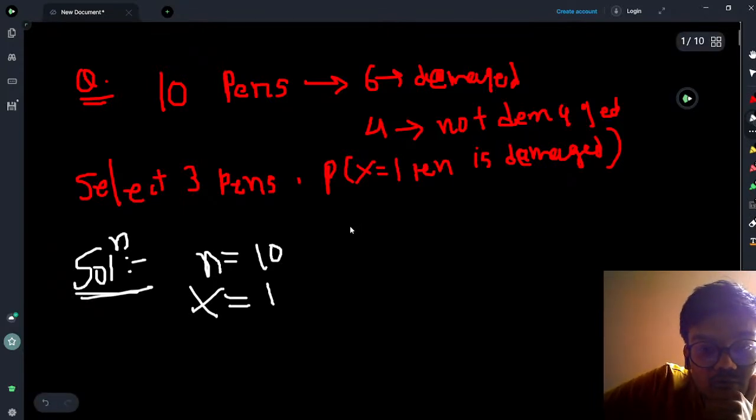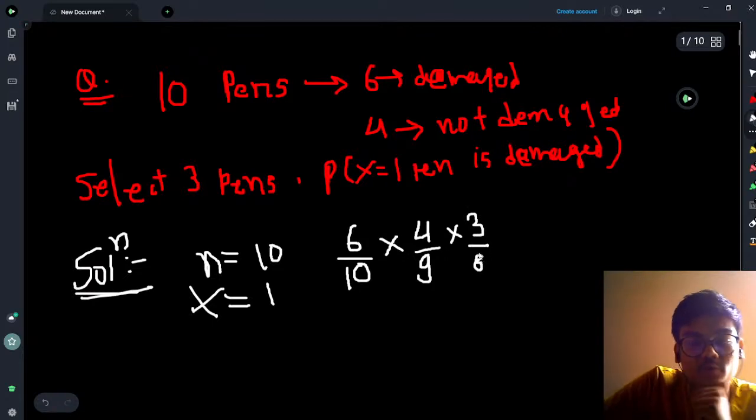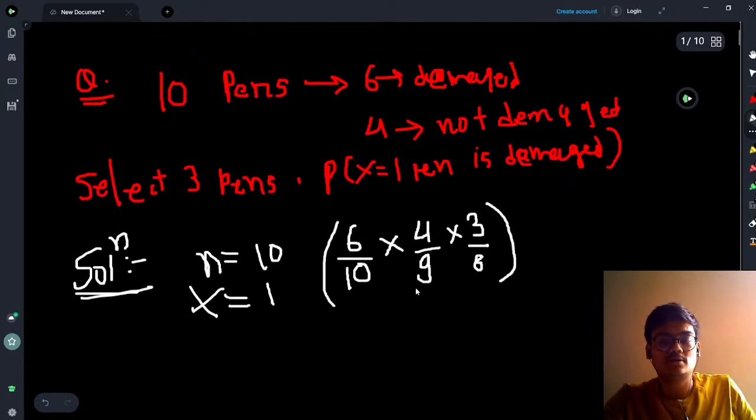From this question we got to know that if we are selecting one damaged pen from 10 pens, now we have 9 pens and from those we have to select a not damaged pen. So if we select one damaged pen, then our total count will decrease by 1.